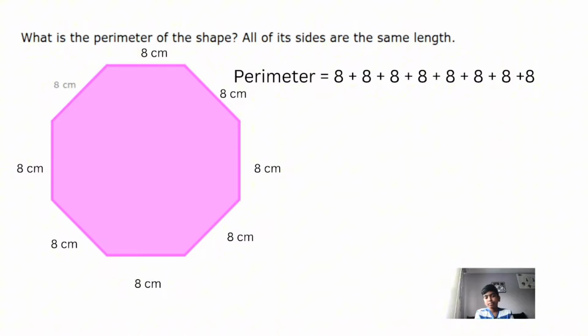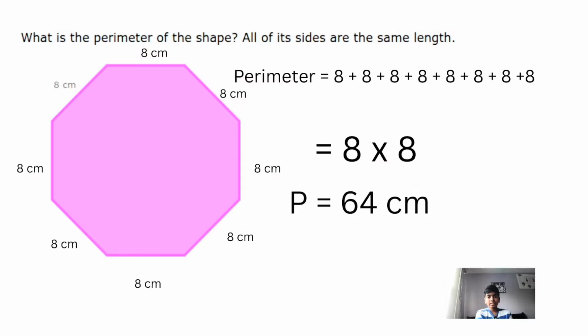So most people look at the sides, which is 8 sides, and each side is 8 centimeters. So we do the equation 8 times 8. And we know 8 times 8 is 64. So we have 64. And don't forget about the centimeters, the units. So perimeter equals 64 centimeters.